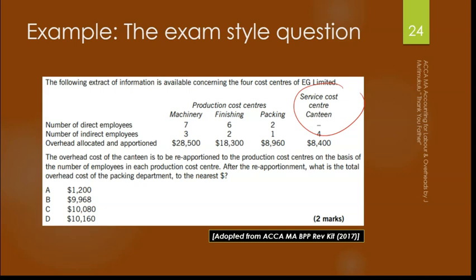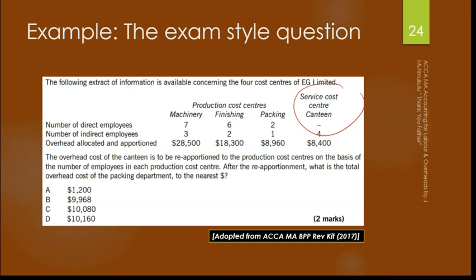The overhead cost of the canteen is to be reapportioned to the production cost centers on the basis of the number of employees in each production cost center. So we are told point blank that the overhead cost of the canteen is to be reapportioned based on the number of employees in each production cost center.